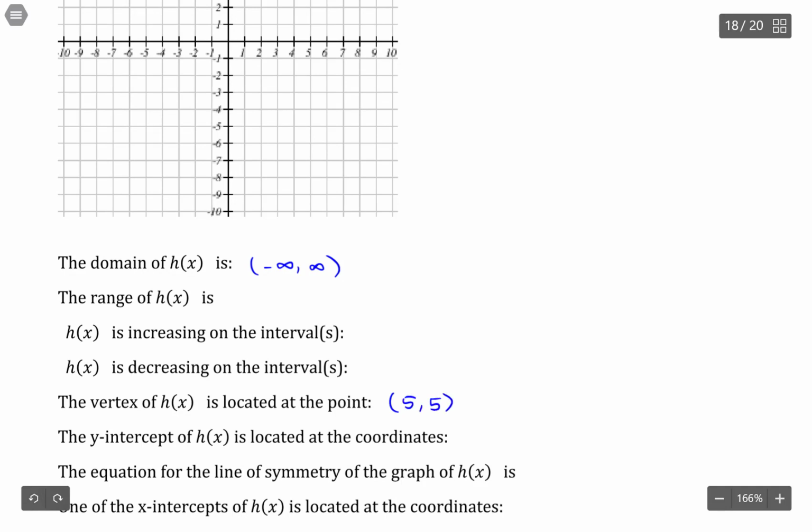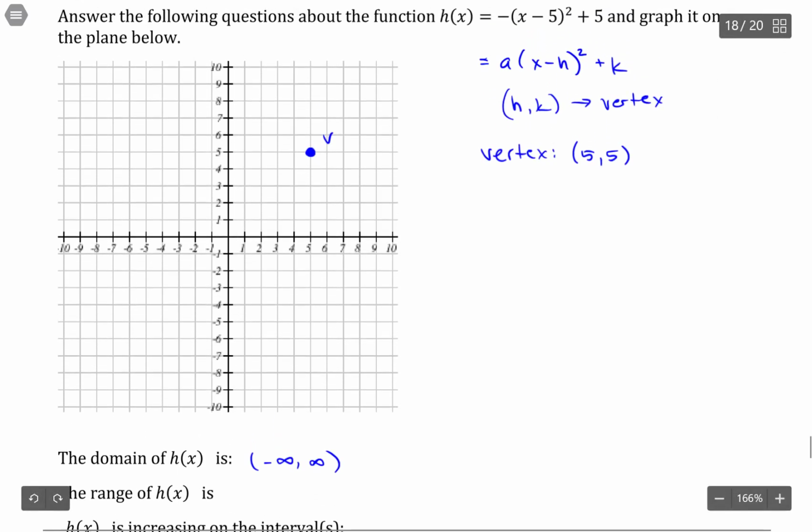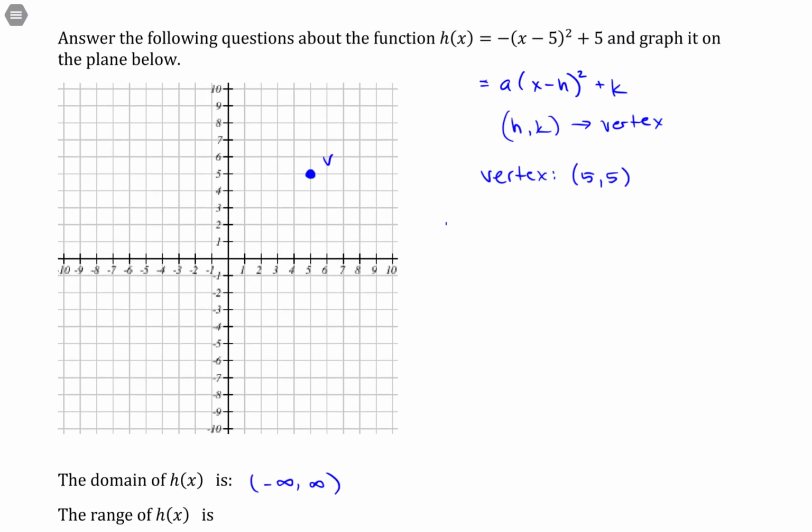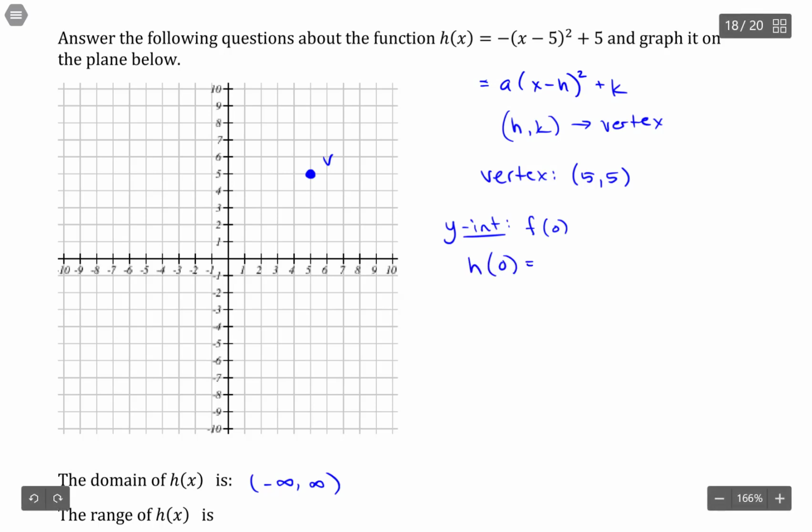The y-intercept of h of x is located at the coordinates what? So the y-intercept, for any function, is just the function evaluated at 0. So h of 0 would be negative (0 minus 5) quantity squared plus 5.